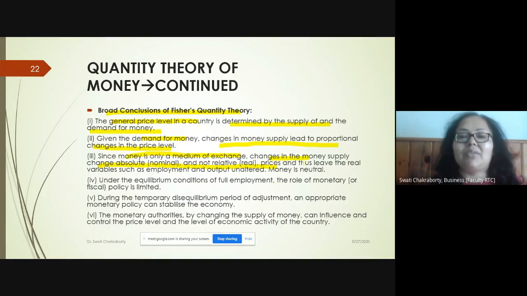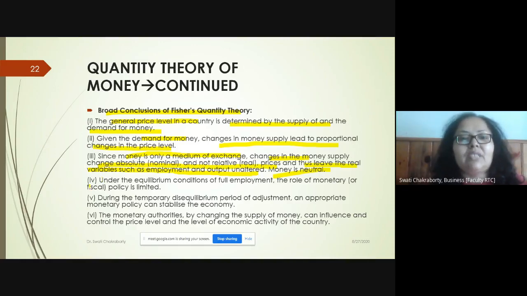Absolute, not the relative prices. And it leaves all the other real variables such as employment and output unaltered. So money is neutral. It does not change the real prices. Only the nominal gets changed. So that's why it's neutral.